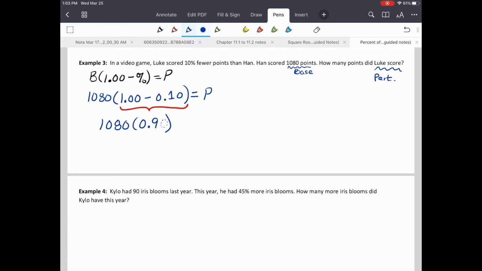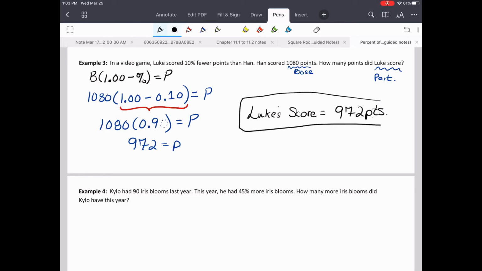But 0.9 or 0.90, that will equal the part. So stick those numbers in your calculator, 1,080 times 0.9 or 9/10, and then you get 972 equals P. So there it is. So Luke's score was 972 points. And that's it. That's Luke's score.